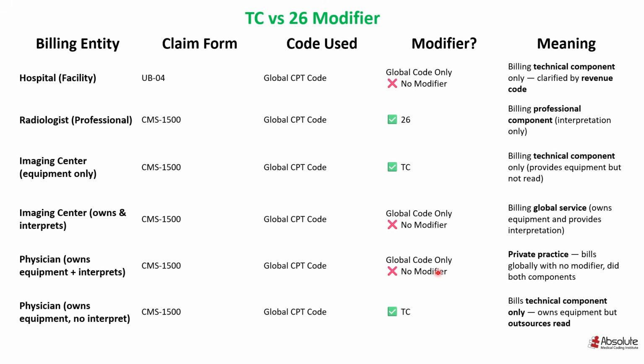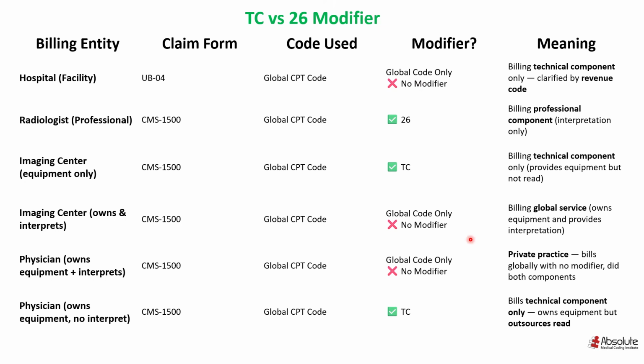You get to bill the full code. And finally, if the physician owns the equipment and they carry out the radiologic service, but they don't interpret it, TC modifier. Sometimes, coders, you're going to need both TC and 26 modifier components to bill the global code.